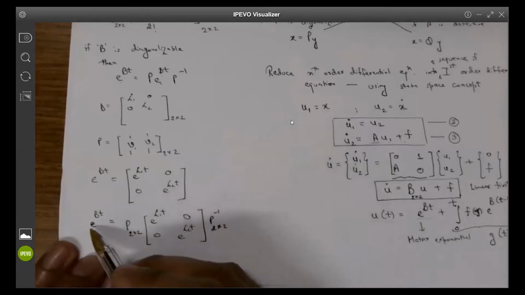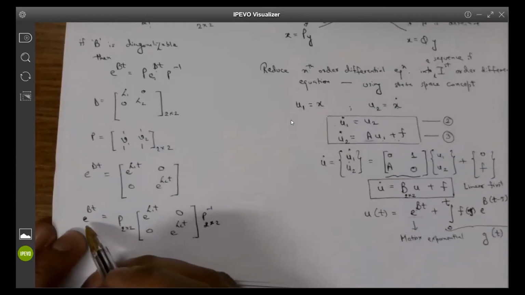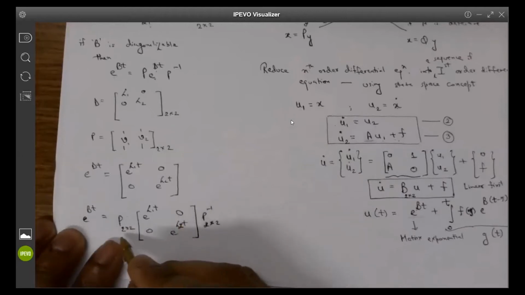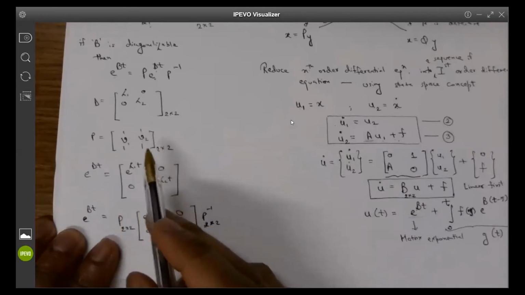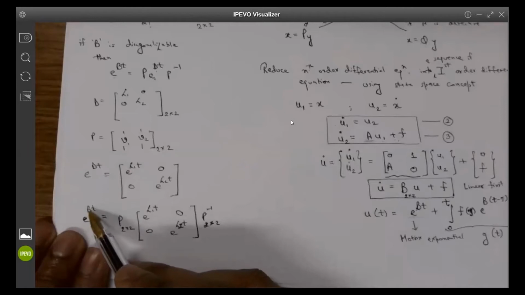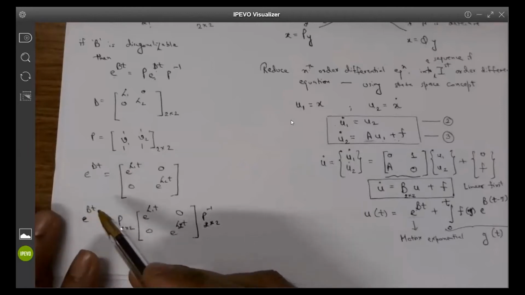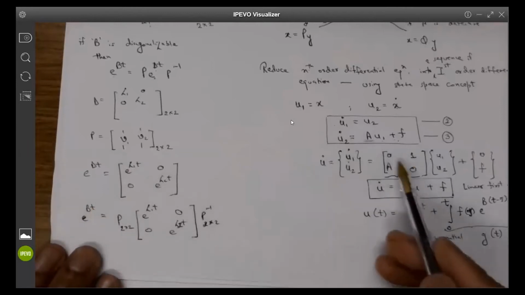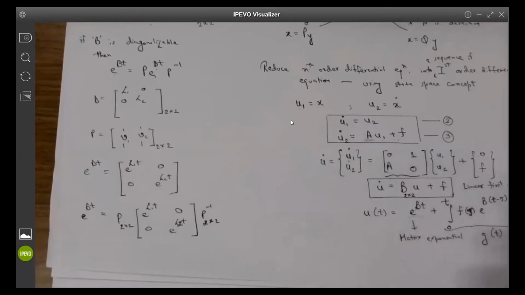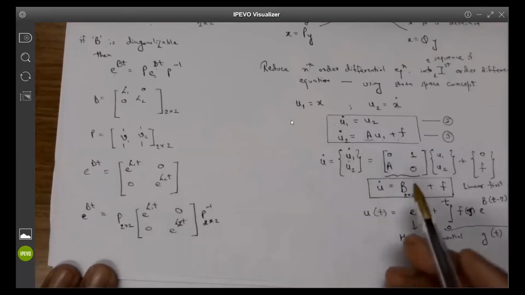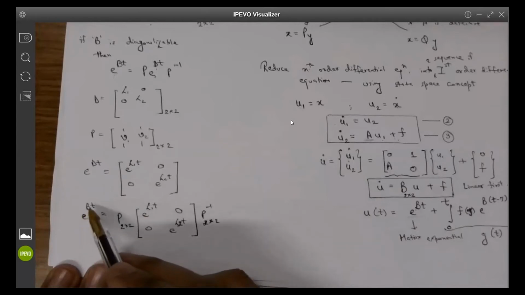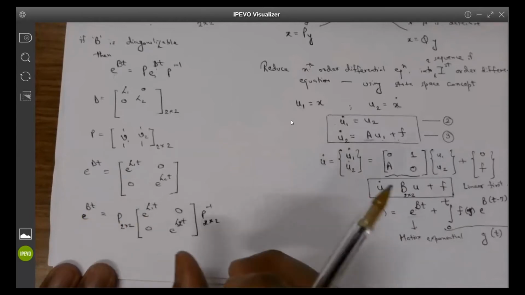So now it becomes easier if you look at this. P is just a matrix consisting of the eigenvectors arranged in column format, and B is a 2 by 2 matrix that can be any generic matrix. It need not be just zeros and ones; it is not a diagonal matrix. If you find the eigenvalues of this, you can then represent the matrix exponential of Bt in this form.